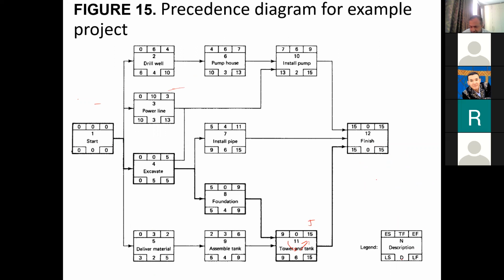Initially, we will have only this duration number. The other numbers we will calculate. So we will have the activity precedence relationships and the duration of the activities, and from there, we will calculate these numbers. Okay, thank you.